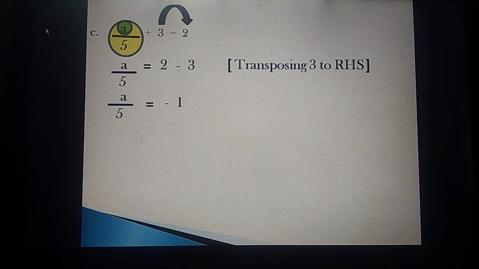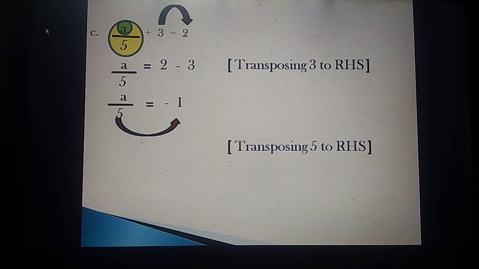Now in the outermost circle we can see it's 5. So we will shift 5 now. Right now we are dividing a by 5. After transposing, we will multiply the right hand side. So you will write a as minus 1, that is the right hand side, and now what will come to it is times 5. Why are we multiplying?